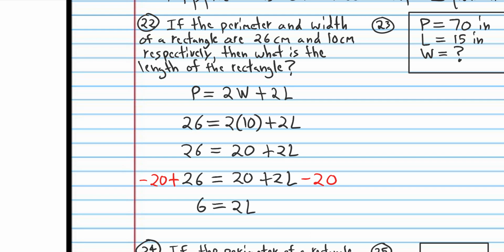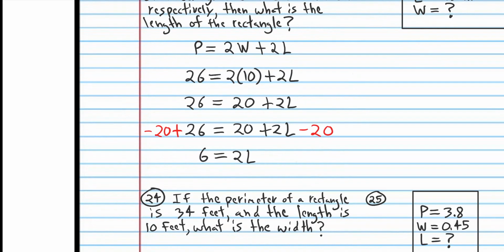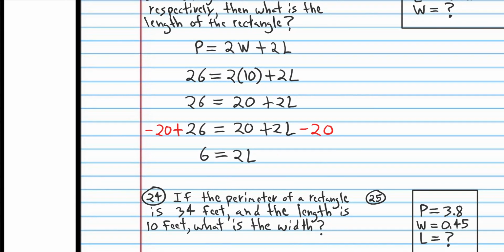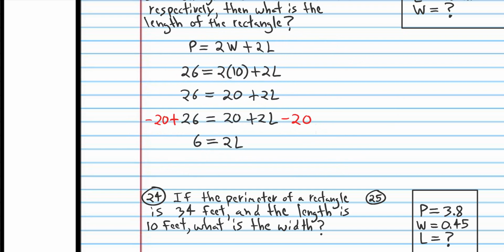Now I'm about to perform an operation on both sides of the equation again, so I have to rewrite the equation. And I can already tell I'm running out of room here, so I'm going to have to shrink that. So I rewrite the equation, and I perform the operation on both sides.